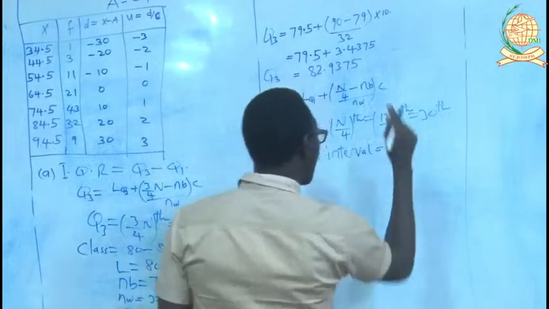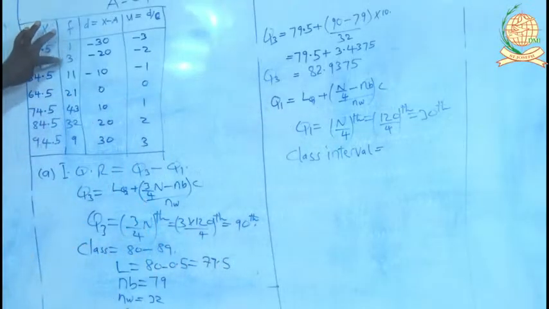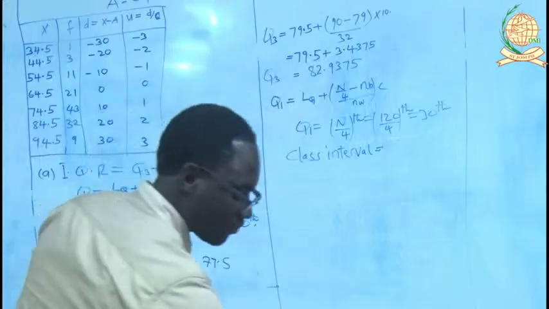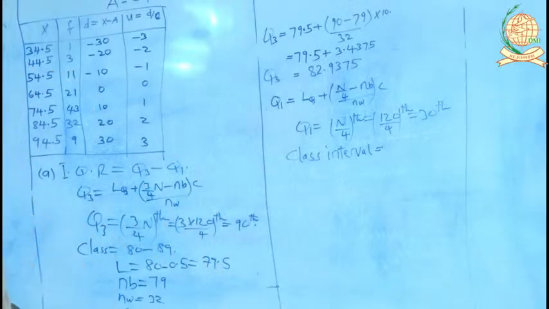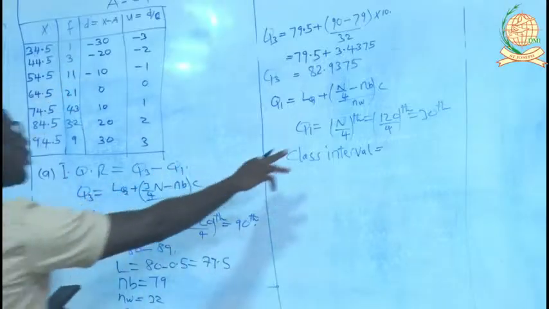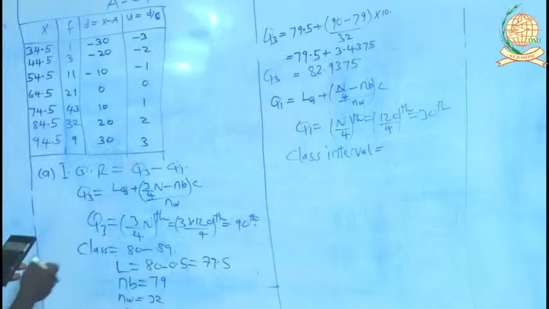So you add the frequency up to that: 1 plus 3, 4, plus 11, 15, plus 21. At 30, that is the class interval for Q1.